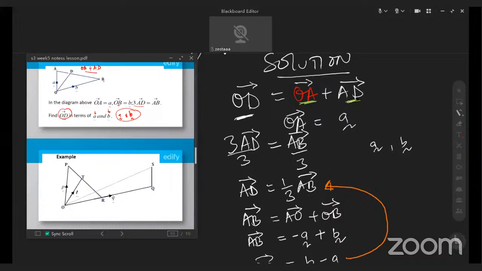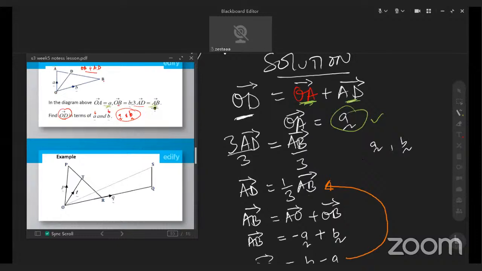This is what we have. In the work I've given, OA is equal to vector A. We already know this. But we have a task of finding AD. Another thing, please make use of the information that you are given. Don't run off. Always make use of the information you are given here.